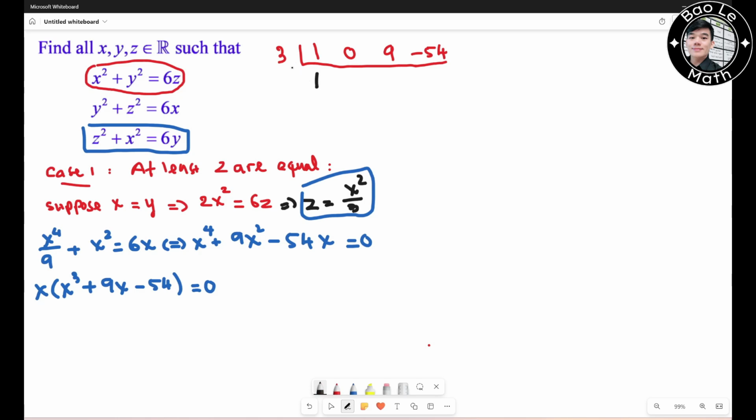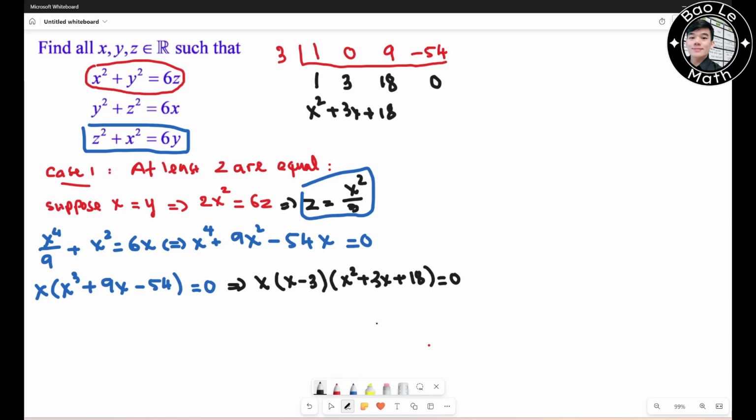I bring 1 down. 3 times 1 plus 0 is 3. 3 times 3 plus 9 is 18. 3 times 18 plus negative 54 is 0. So this turns out to be x times x minus 3 times x squared plus 3x plus 18 equals 0.